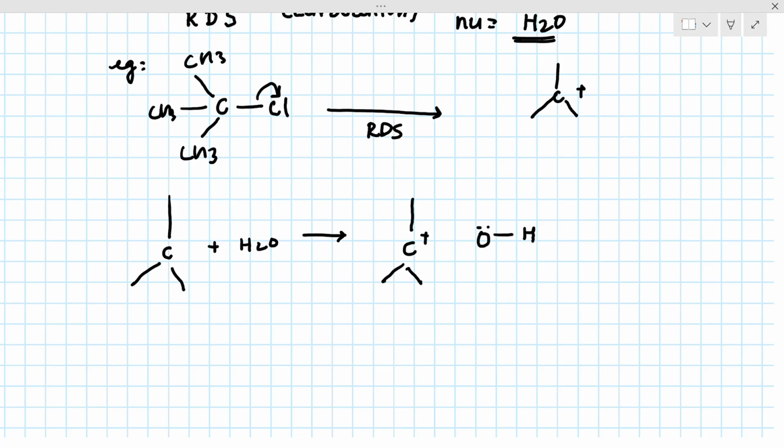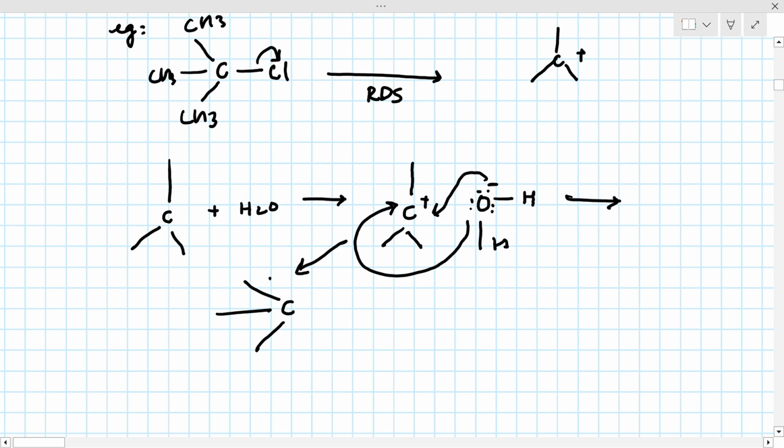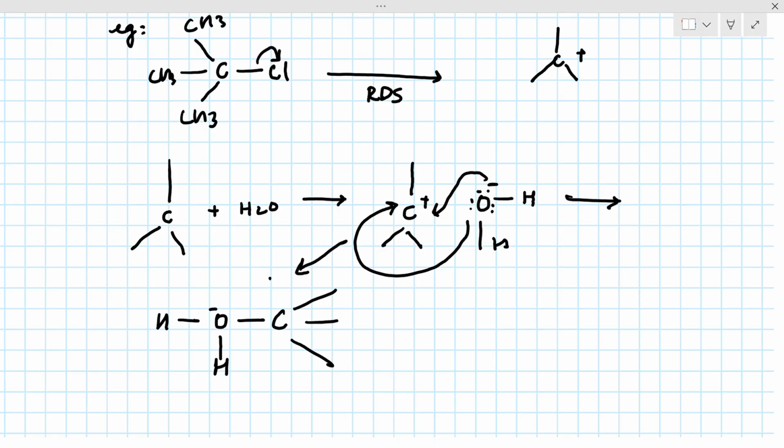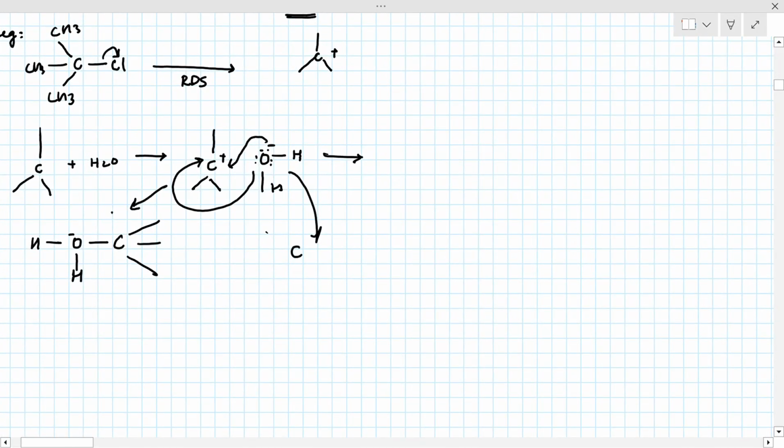Water has lone pairs, so it will attack either from the front or from the back. If it attacks from the back, it will form this structure, which is inverted, and from the front it will form this structure, which is C with O, H and H.